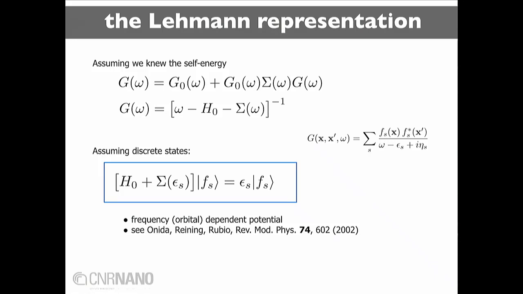So if you want, this is also a nonlinear problem. These eigenvalues are real because of discrete states, but this is, in a sense, paradigmatic of the extra complexity you have to deal with when dealing with quasi-particles or Dyson orbitals.